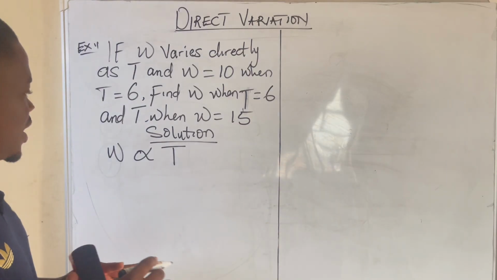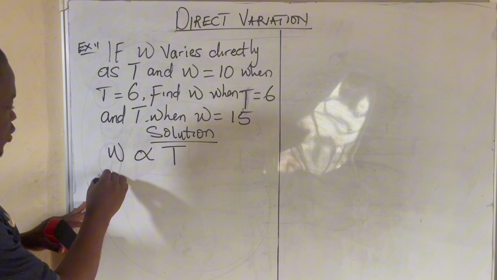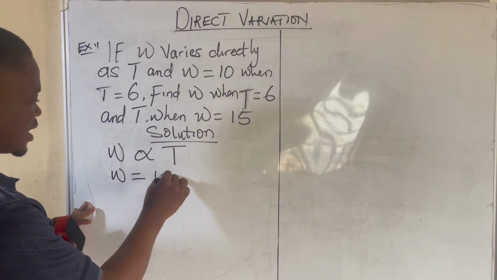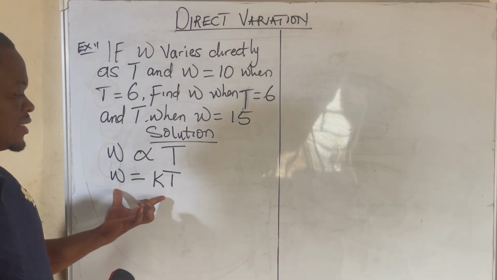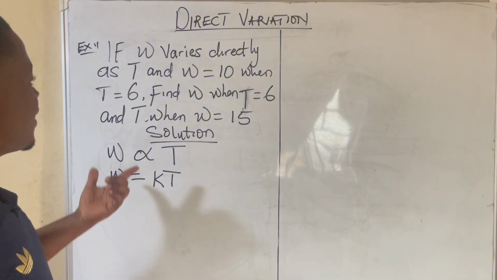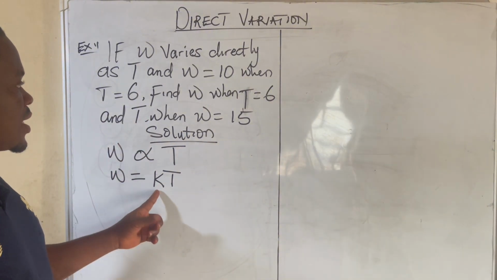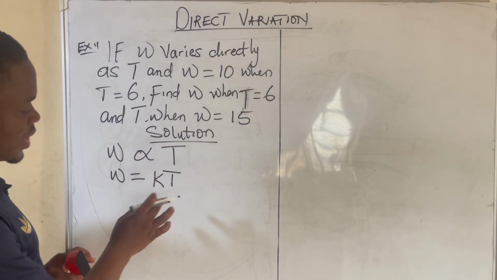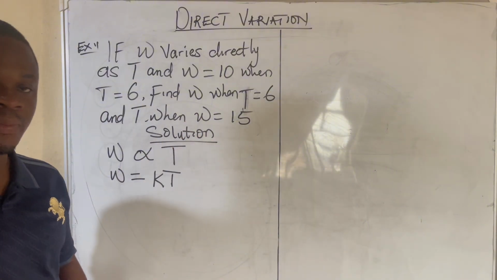We can call that constant K. We will say that W is equal to K times T. With this established, we can now get the value of the constant, because without the value of the constant, we cannot find what we are asked to get. So we'll get the value of the constant and solve the remaining problems.